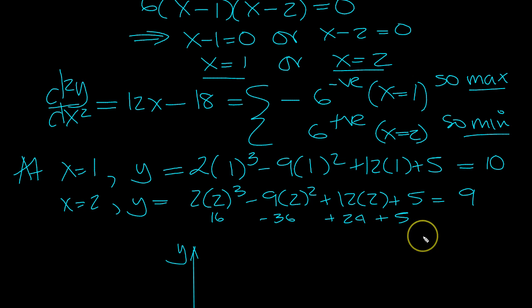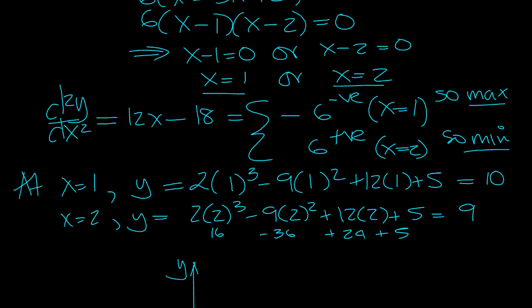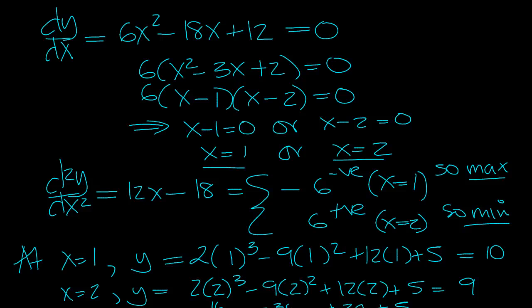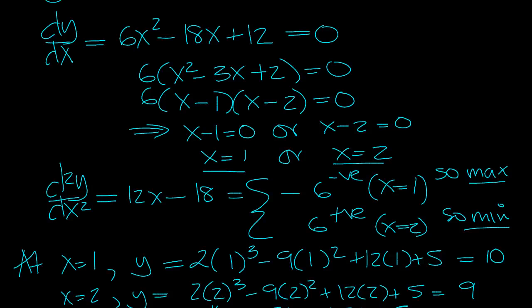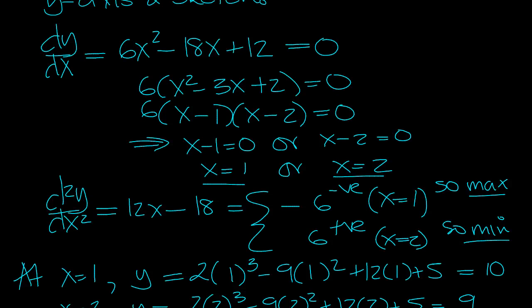Okay. So I'm not getting the numbers I want, so maybe I've written it down wrong. Let's have a double check on question 5. No, we're on 4, aren't we?